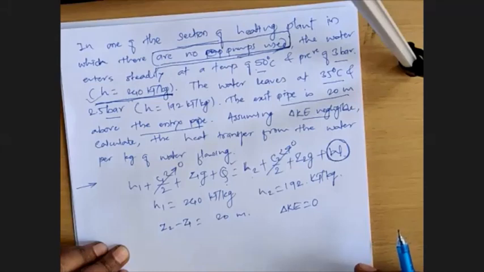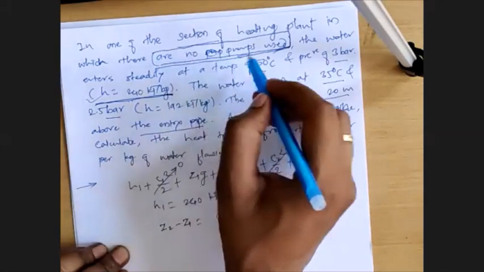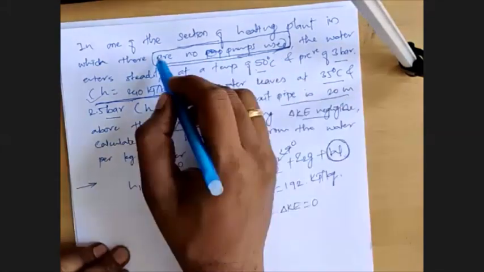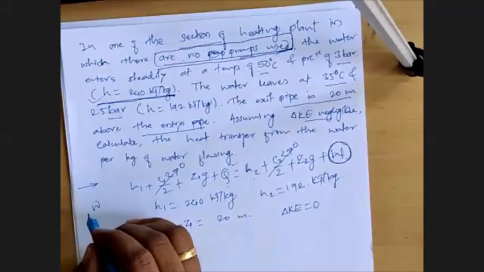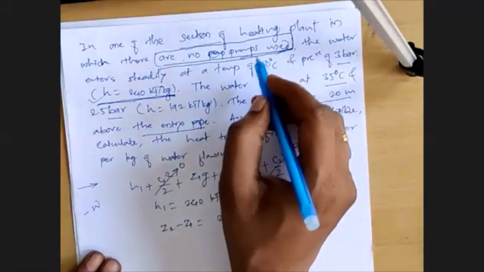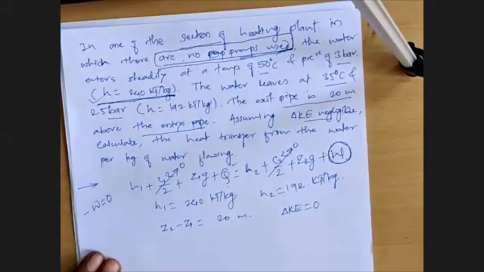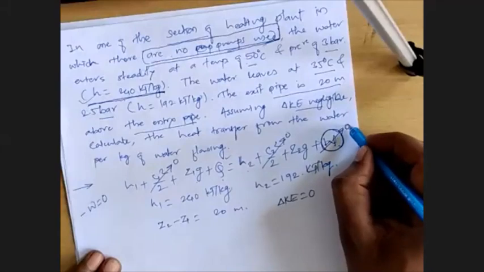Zero, exactly. They have given its value, but in a complicated form. They have said there are no pumps used. We know that a pump is a work consuming device, so W is going to be negative for that, and since there are no pumps, this W is going to be 0.